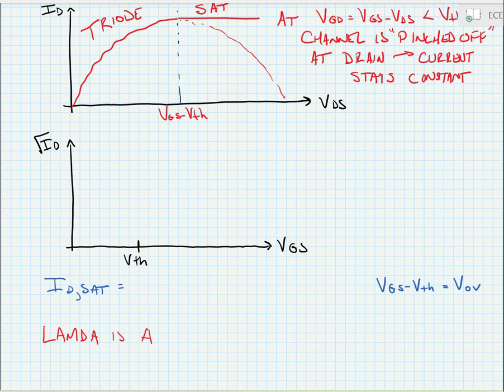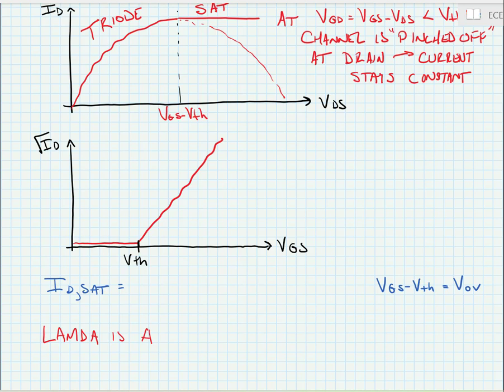Now, we can plot here the square root of the drain current as a function of the VGS. We would see that it would look something like this. And if we substitute VGS minus VTH for VDS in the triode equation, we'll come up with our drain current in the saturation region.